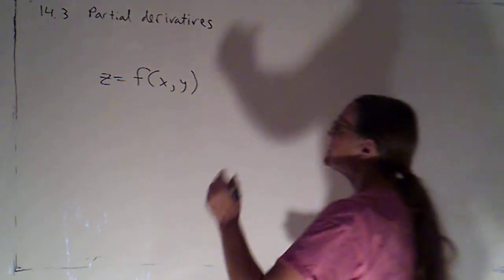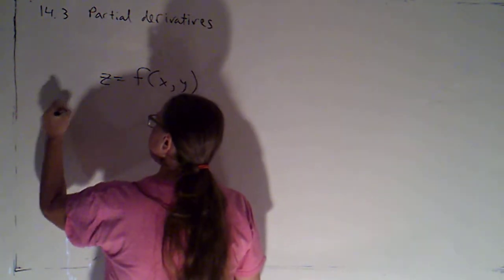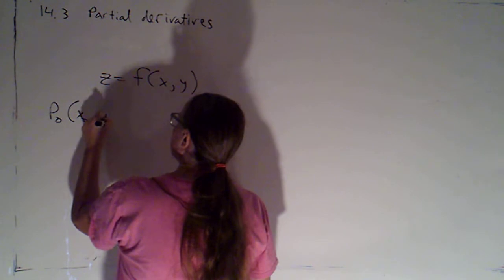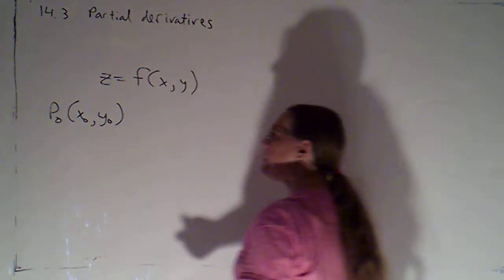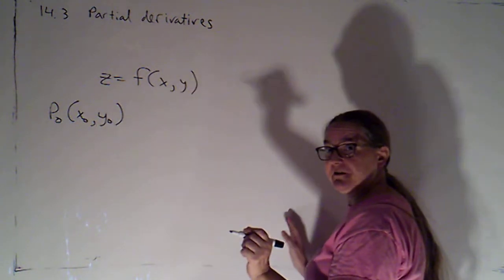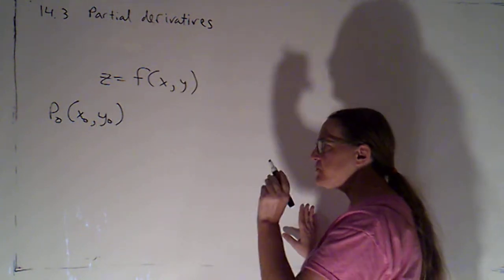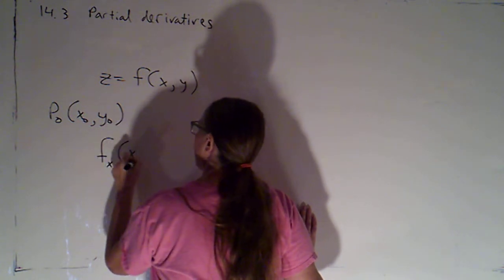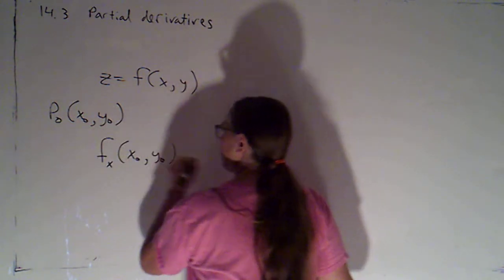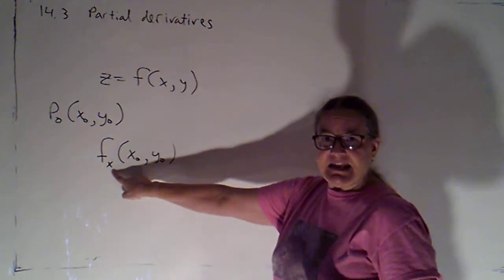Okay, so let's suppose I have a point P naught with coordinates x naught, y naught. Okay. If I wanted to take the partial derivative of f with respect to x at this point. Okay. Couple of ways I can denote that.